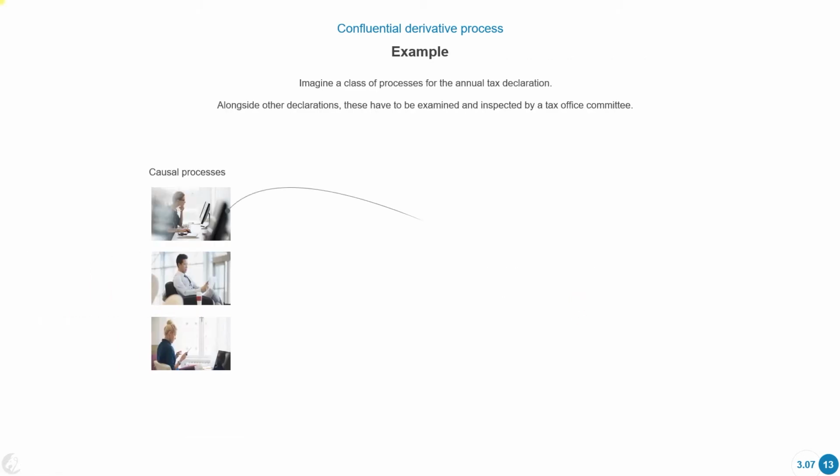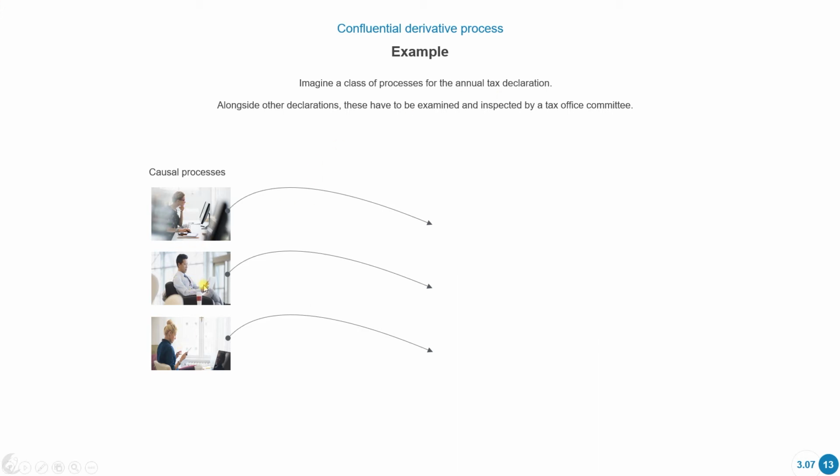Let's imagine here an example for confluential derivative process. We have, let's say, several causal processes where each one of these different people are going to make a tax declaration, for example. So let's say I need to declare my taxes, so I trigger a process.